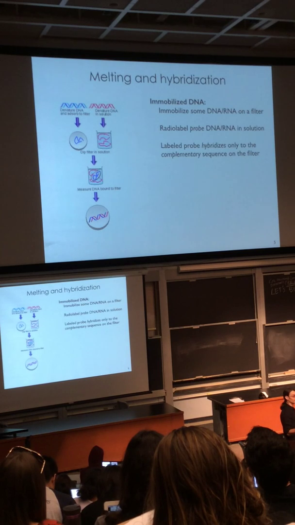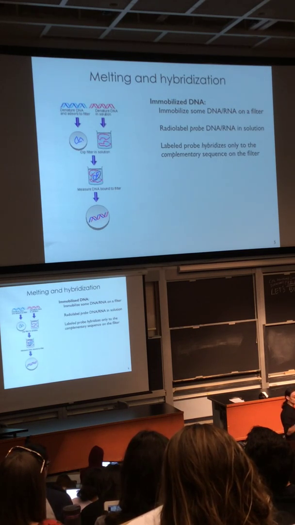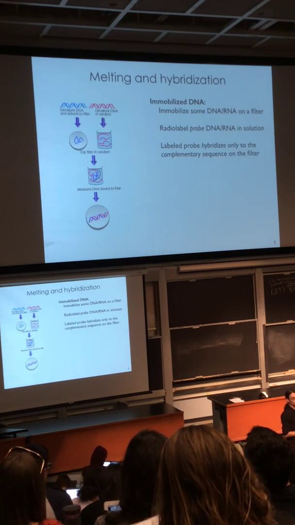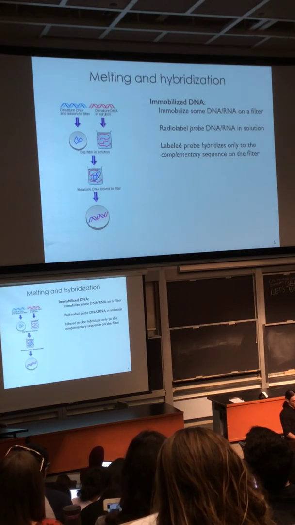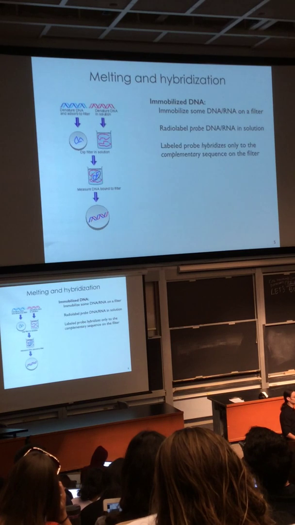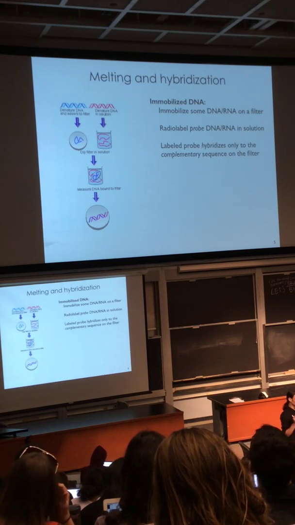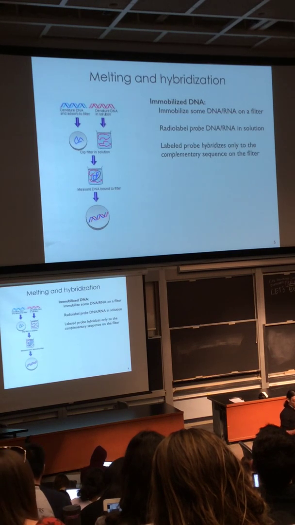And that way, you would have the labeled probe DNA sticking only to the place on the filter that had complementary DNA. And so this is a technique that's used quite widely in molecular biology to detect specific genes either in DNA or in RNA.